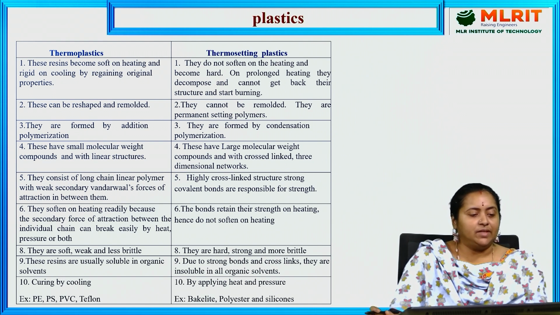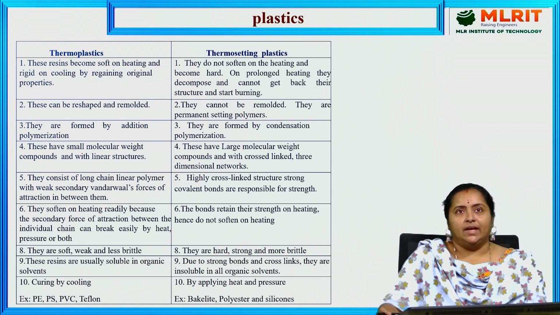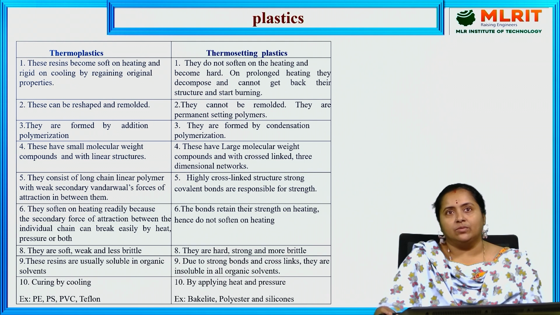So coming to thermoplastics, these are resins which become soft whenever they are subjected to a heating process, and they become very rigid materials on cooling. If a plastic material is subjected to some amount of heat in the form of temperature, then immediately it becomes very soft in nature, and immediately it becomes a very rigid material on cooling.